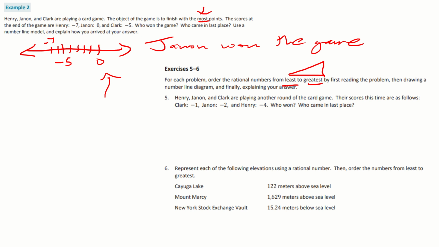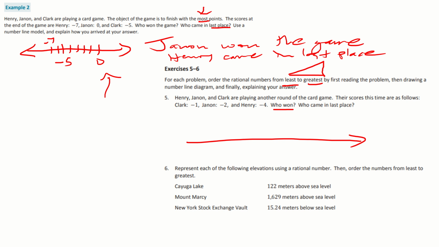And that's right. We need to also mention who came in last place. Last place would have been the farthest away from 0, -7. So Henry came in last place. And for this one, who won? Well, it's going to be the one closest to 0, so using our number line here, because all of them are negative.